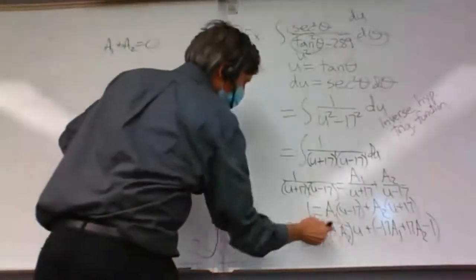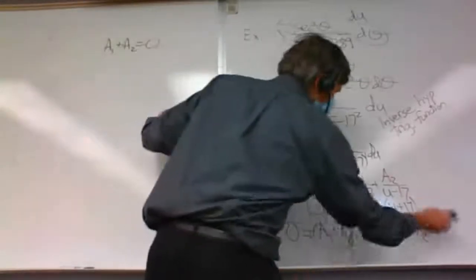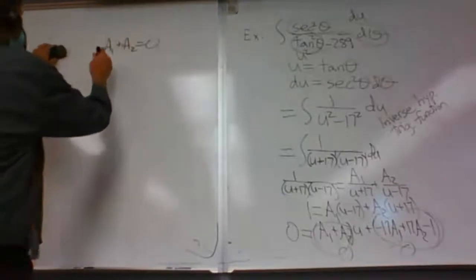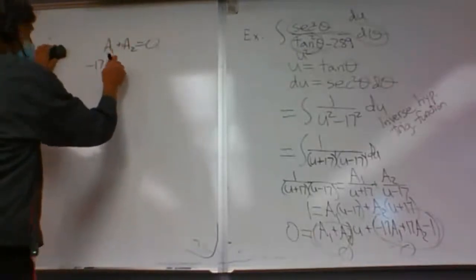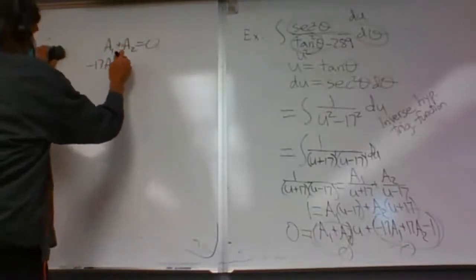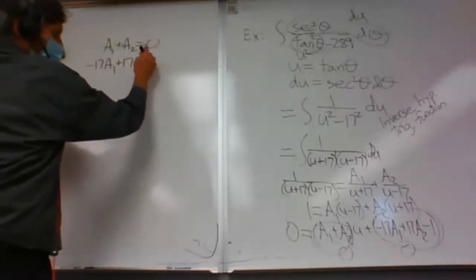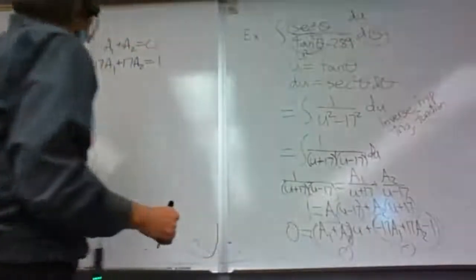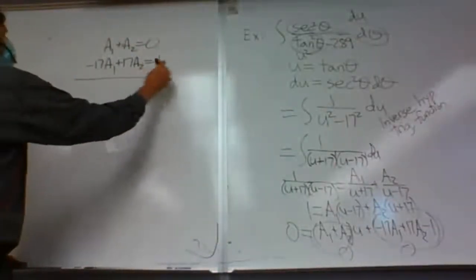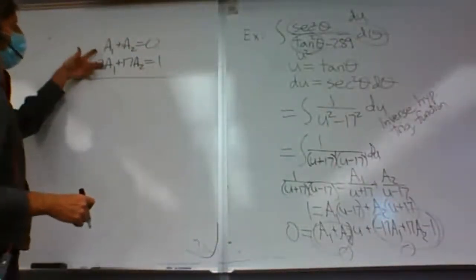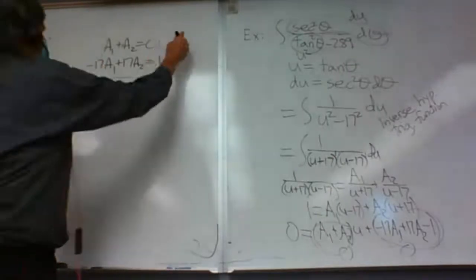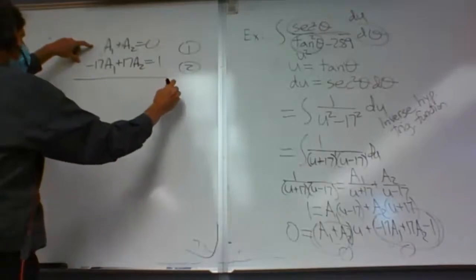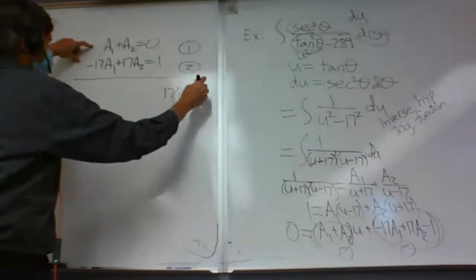So this says A1 plus A2 equals 0, from the first part, right? Each coefficient has to vanish. And this one says minus 17 A1 plus 17 A2 has to equal 1, so that this minus 1 equals 0, right? Well, I can use elimination again.